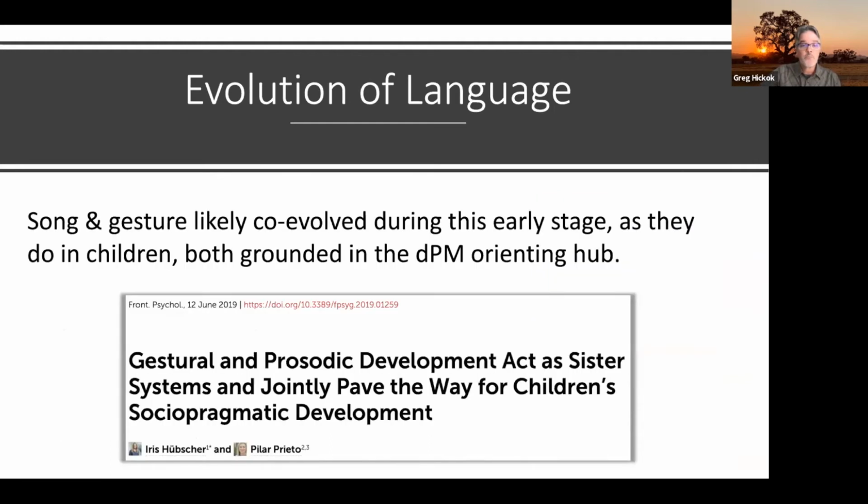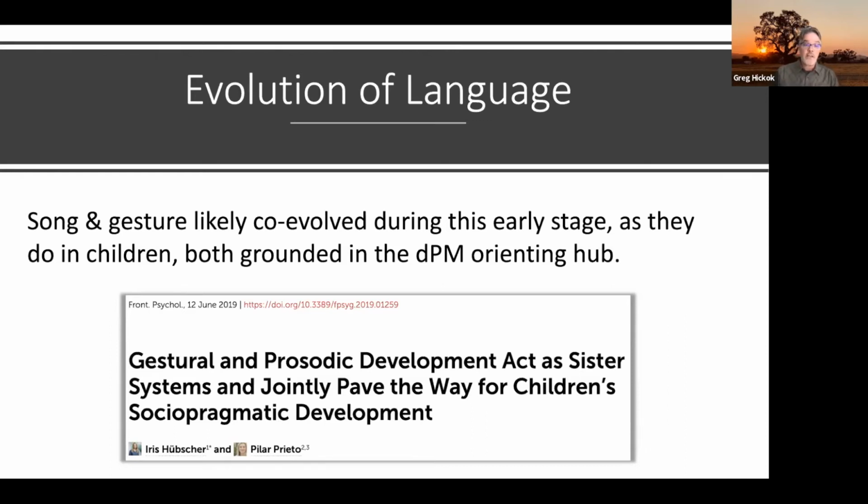Now, a comment on gesture. There's often a debate, an either-or debate, whether vocal speech evolved first or whether gesture evolved first, and it's usually considered to be one or the other. People are starting to think that maybe they co-evolved, that they don't have to be one or the other, that gesture and speech or song evolved together, which makes sense.